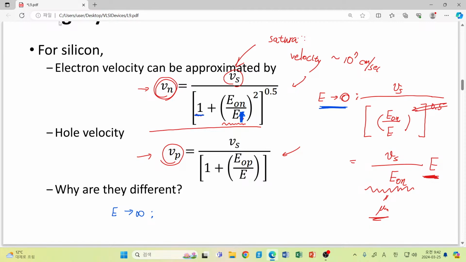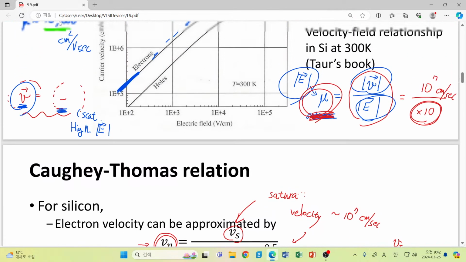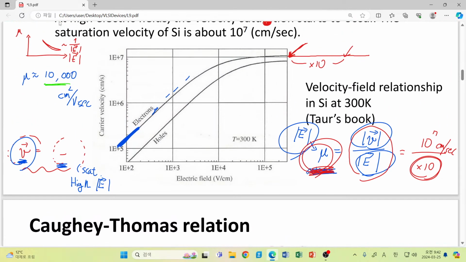Now this ratio becomes really negligible, so our electron velocity will approach the saturation velocity. So now you understand, once we adopted this kind of expression, then we can just describe the experimentally obtained data.